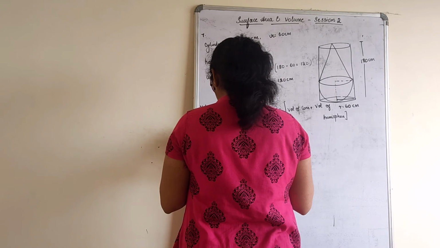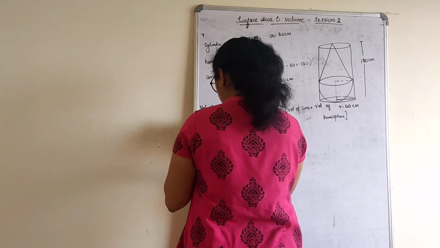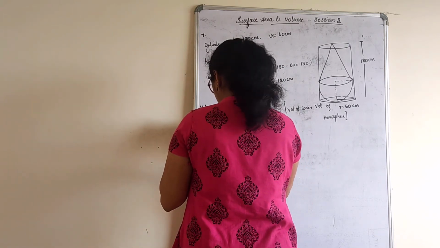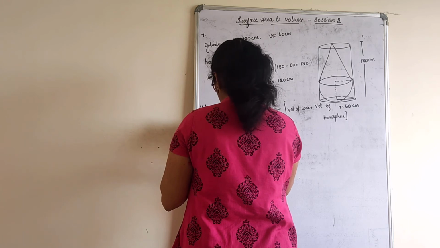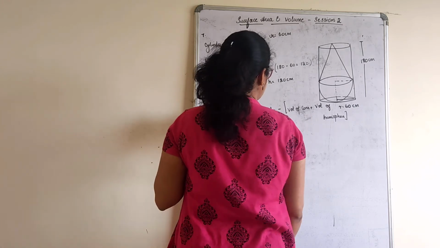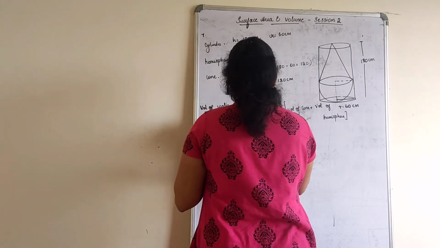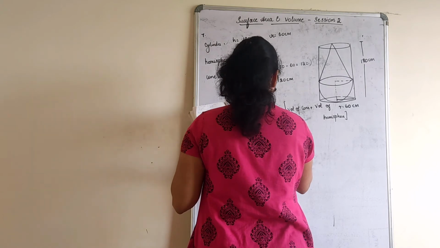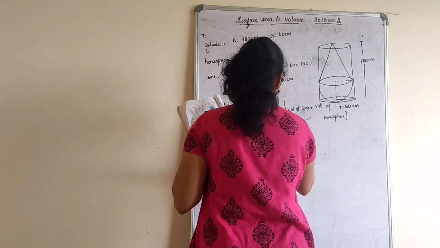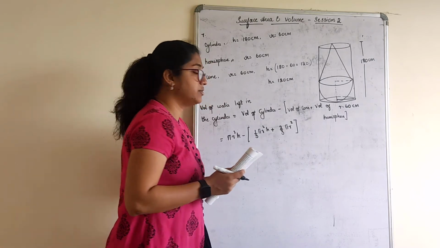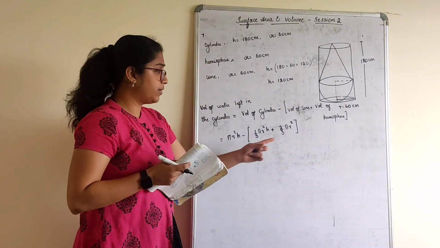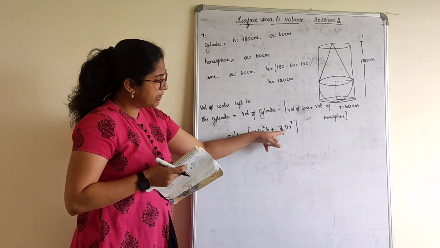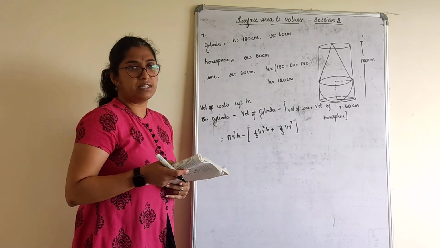Volume of cone formula is 1 by 3 pi r square h plus volume of the hemisphere formula is 2 by 3 pi r square. Remembering formula is very important, right?